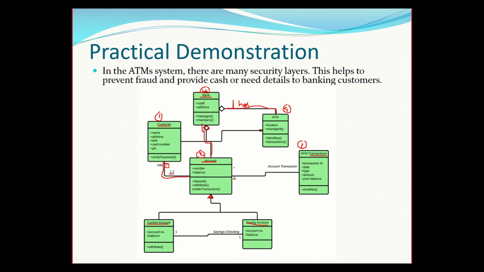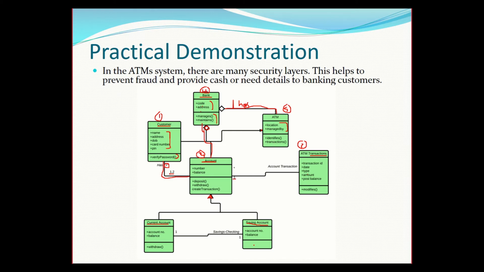And then you can put the attributes. So we can put the attributes for the customer, the code, and for the ATM we have location and managed by. You can see that most of the attributes are public, even the functions. And then we add the functions related to each one.